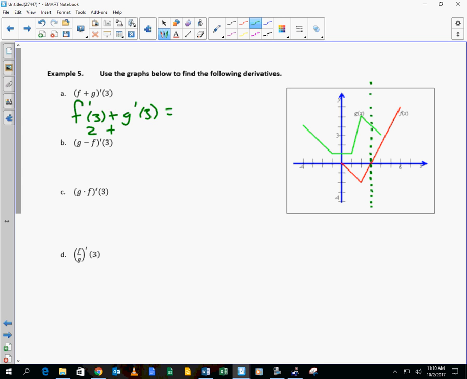And then g prime of 3 would be, it looks like we run 2 and we go down 2, right? Negative 1. And if you have g minus f, then that's going to be g prime of 3 minus f prime of 3. Or negative 1 minus 2 is negative 3.